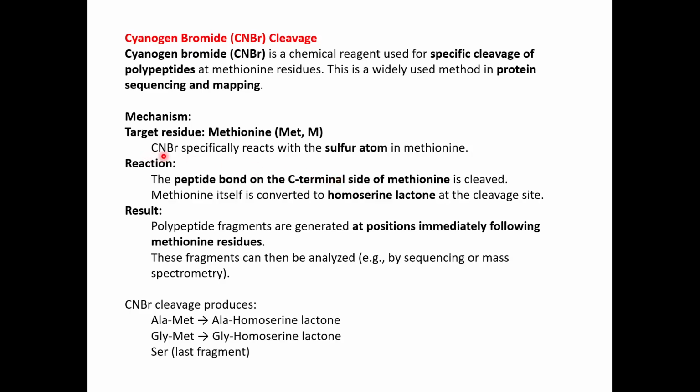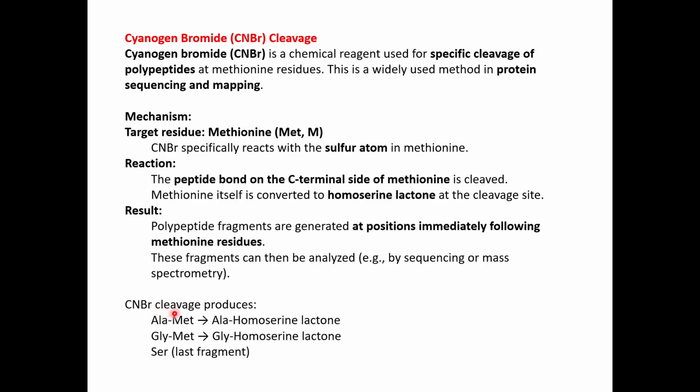But when we use cyanogen bromide, the peptide bond on the C terminus, that is the other end of the peptide, which has methionine, is cleaved. So methionine is then converted into homoserine lactone at the site of cleavage. Finally, the polypeptide fragments are generated at positions immediately following the methionine residues. So these fragments can be analyzed by sequencing or mass spectrometry.